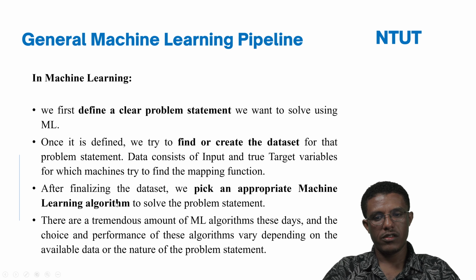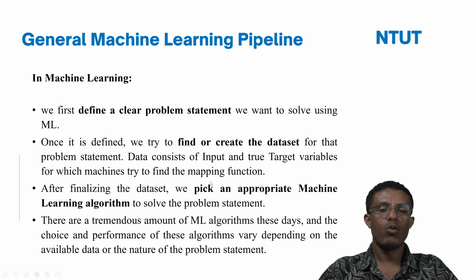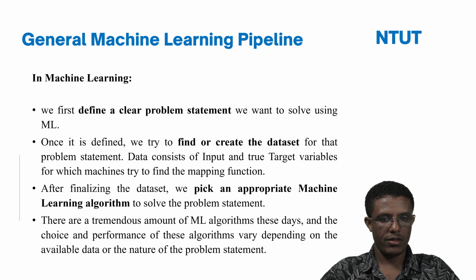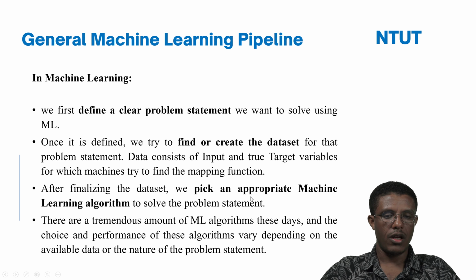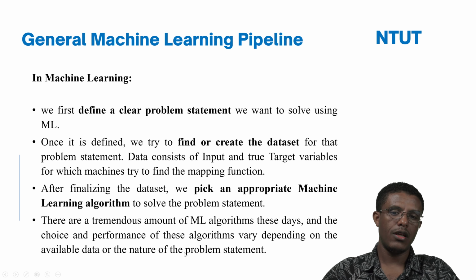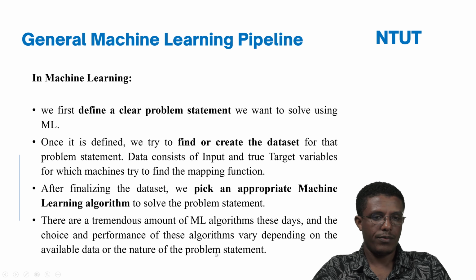And then the next step, after finalizing the data set, is we pick an appropriate machine learning algorithm to solve the problem statement. This is the step where you need to identify which type of machine learning algorithm fits our problem. Recently, there are a different number of machine learning algorithms, and the choice and the performance of these algorithms vary depending on the available data and the nature of the problem statement.